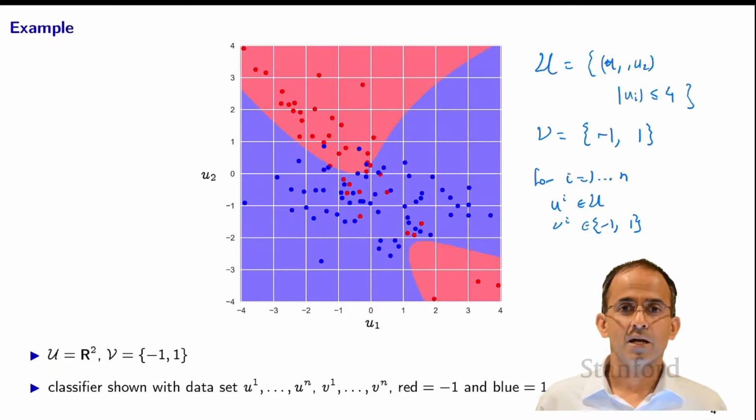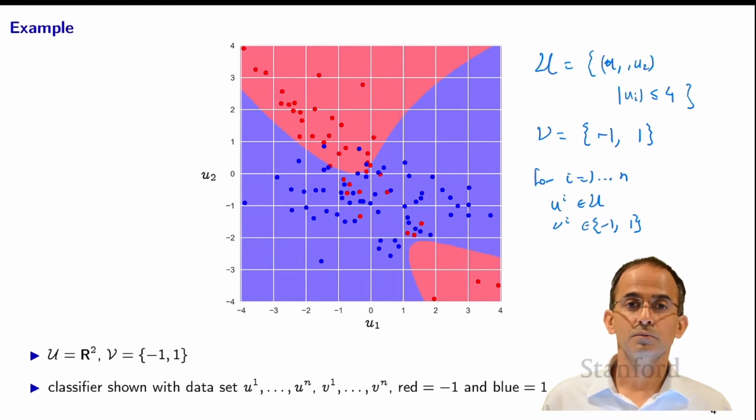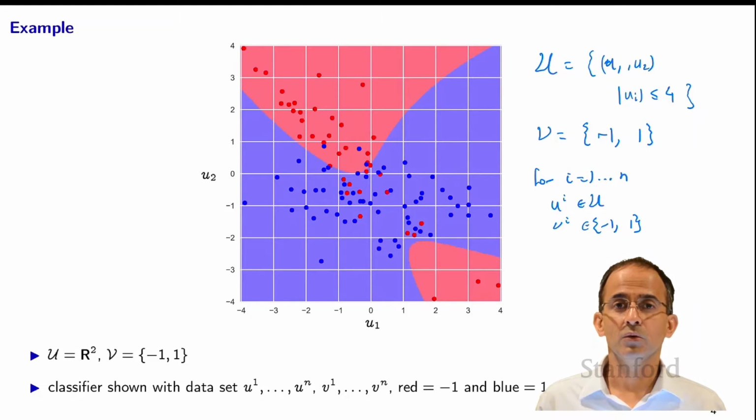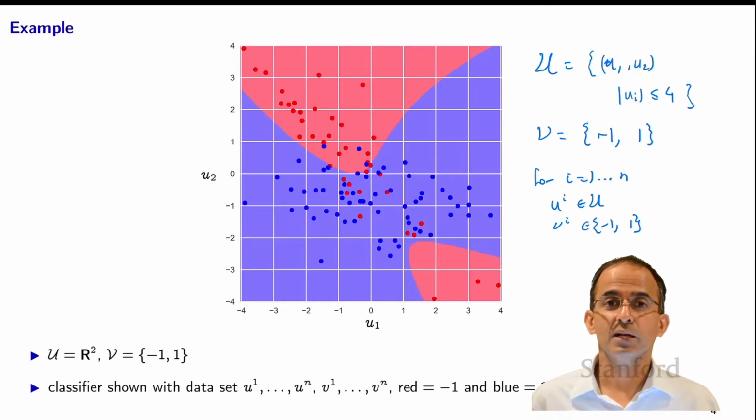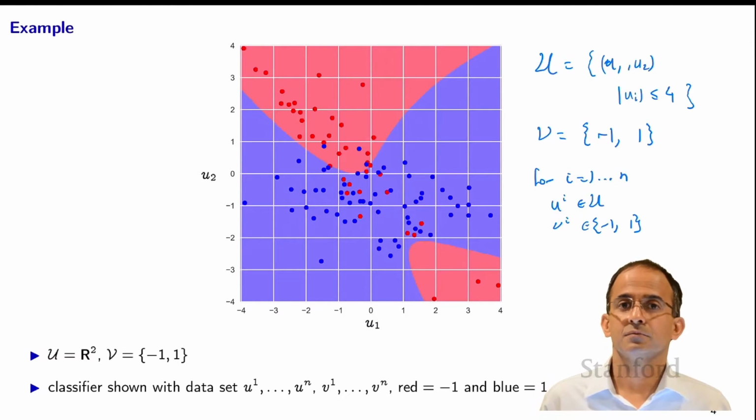Now what a classifier has to do is map every point in script u to either -1 or 1. So that if somebody comes along later and says, here's a new point in u, tell me what value for v you predict for it, give me v hat, well, that's what the classifier does.